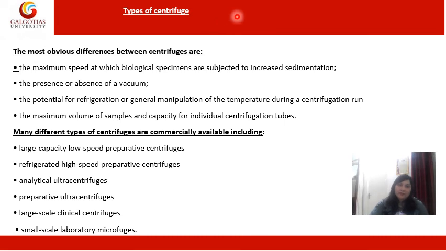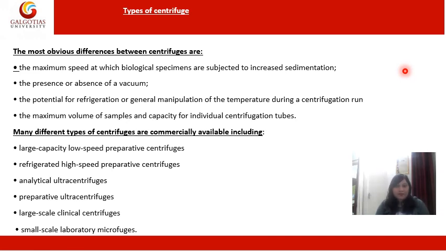Now, the types of centrifuge. The most obvious differences between centrifuges are the maximum speed at which biological specimens are subjected to increased sedimentation, the presence or absence of vacuum, the potential for refrigeration or general manipulation of the temperature during the centrifugation run, the maximum volume of samples and capacity for individual centrifugation tubes.